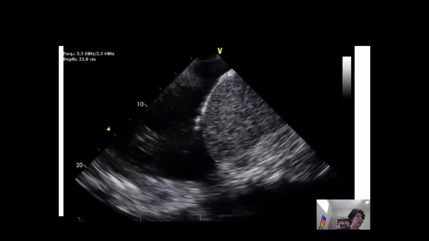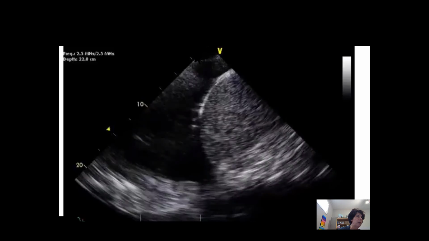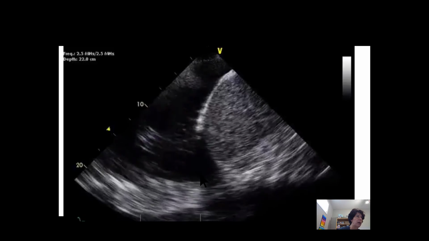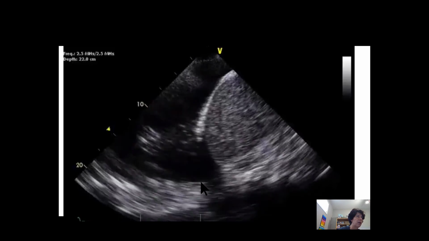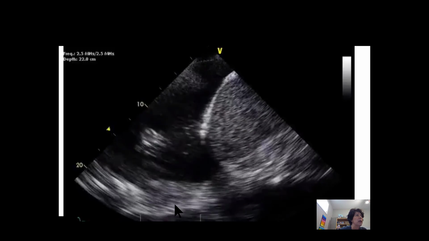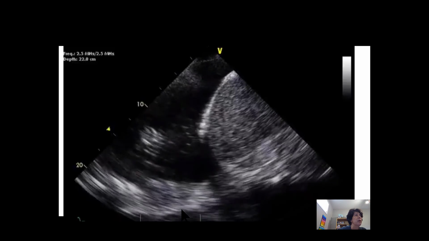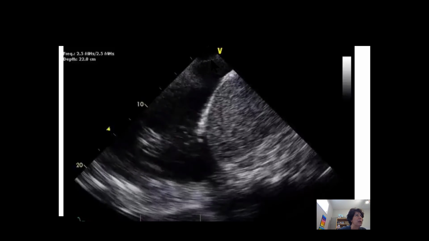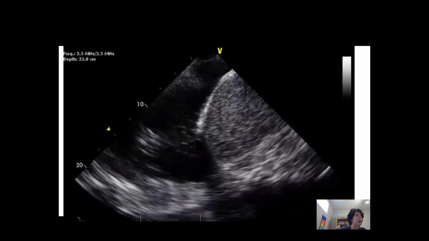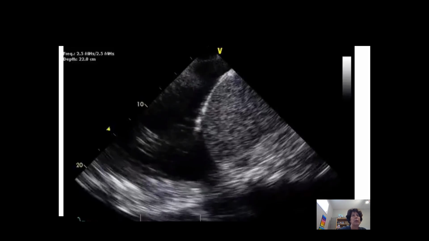Usually you only see the spine up to the border of the diaphragm here because the ultrasound beam cannot travel through lung, because that's an air medium, and ultrasound doesn't travel through air, so you usually cannot see the spine continuing on. So this would be called a positive spine sign, and that would be because of this fluid here within the right pleural space. So this patient has a significant right pleural effusion.